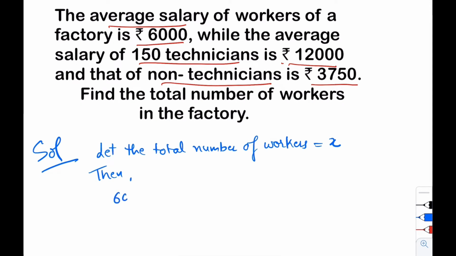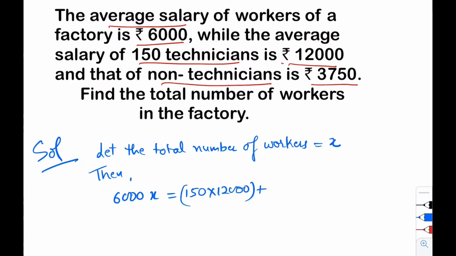Then 6,000x means the total salary of the workers is 6,000x. This is equal to 150 technicians with average salary 12,000. So the total salary of 150 technicians is 150 into 12,000.